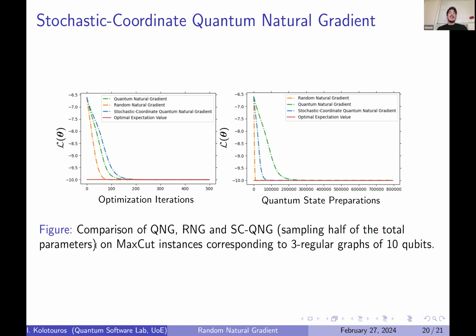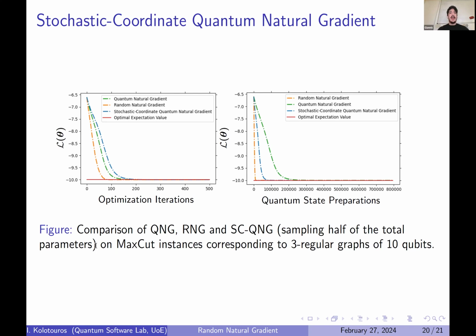In our case, what we said is okay, at every iteration, let's look only at half of the parameters. So we're gonna randomly sample half of the parameters of the quantum circuit, and we're gonna optimize only this half. And at every iteration, we uniformly sampled half of the total parameters.